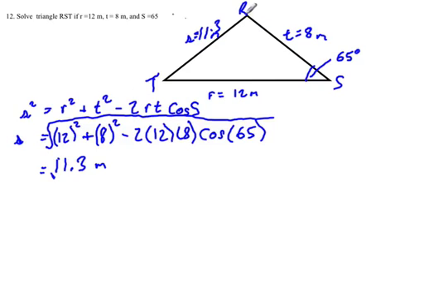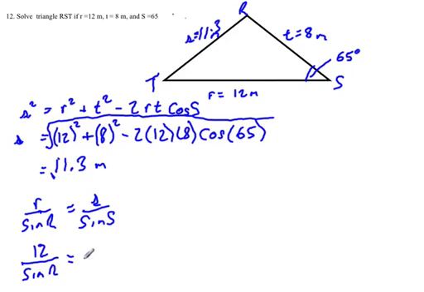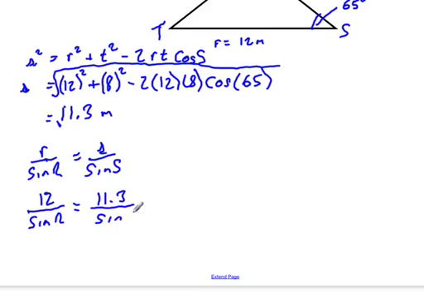So we'll check that now by using sine law, and we're going to use R over sine R is equal to S over sine S. And so R is equal to 12. Sine R is what we're looking for, and this is equal to 11.3, which is the measure of S, over sine of 65.